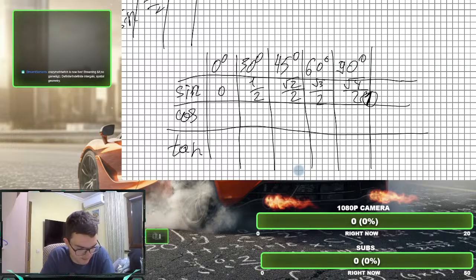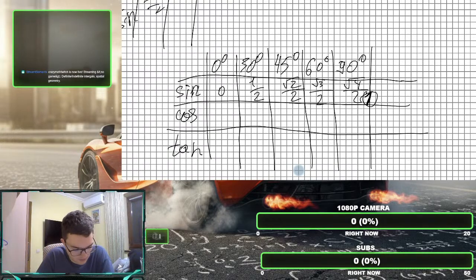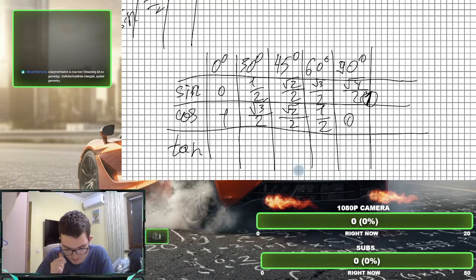So essentially the cos is the same thing, but from the other side, so flipped. Pop, pop, pop, and popped. You can see it's actually flipped, right?